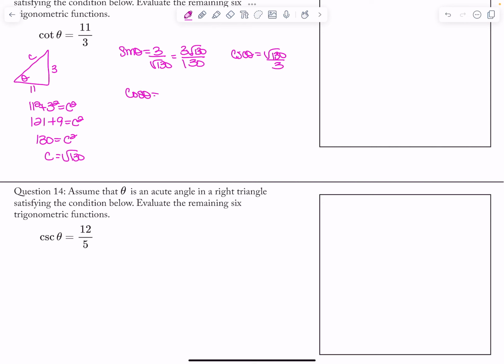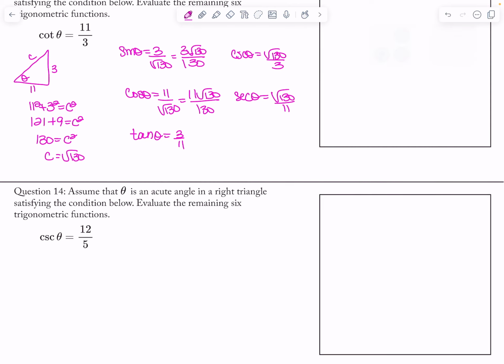Cosine of theta is equal to 11 over root 130, which is 11 root 130 over 130. And then secant of theta is equal to root 130 over 11. And then tangent of theta is equal to 3 over 11.